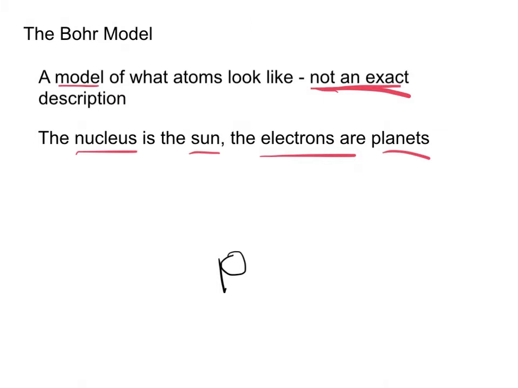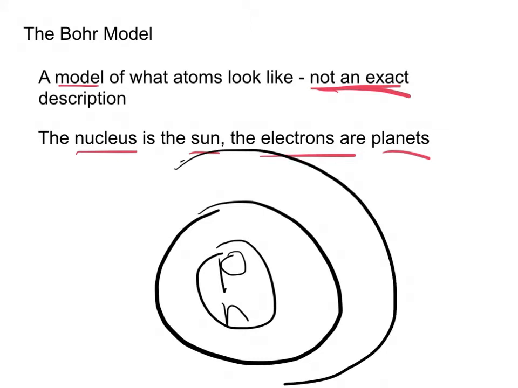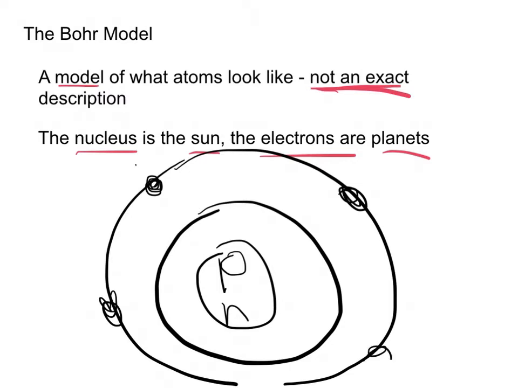So we have protons and neutrons in the nucleus, and we have what are called energy levels, and the electrons are floating around the nucleus the same way that planets orbit around the sun.